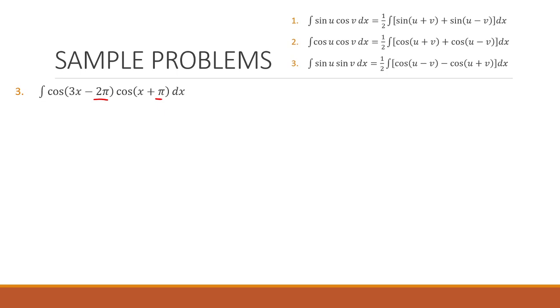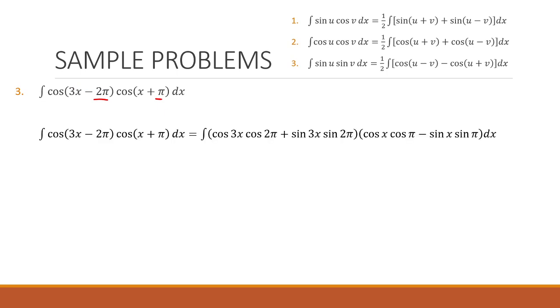So how do we evaluate this if the argument is separated into terms? We can apply another identity, the sum of two angles identity, in this case for cosine. So that's what happened on this line.